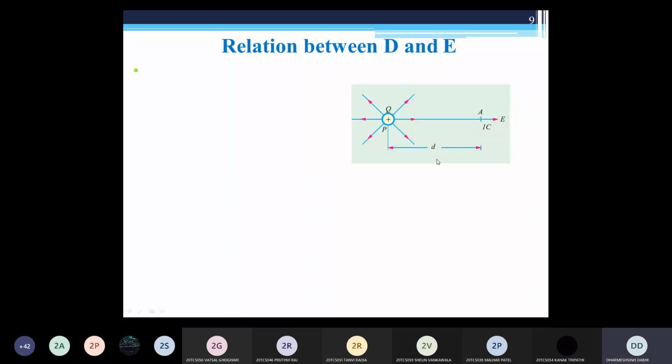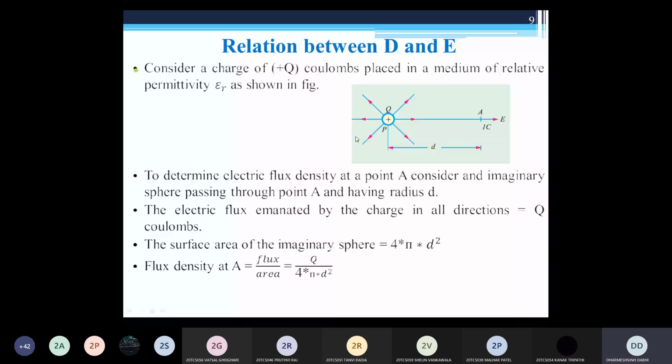From this figure, we derive the relationship between D and E. Consider that this positive charge is placed in a medium of relative permittivity epsilon r. Suppose that Q coulomb is placed in a medium which has relative permittivity epsilon r.